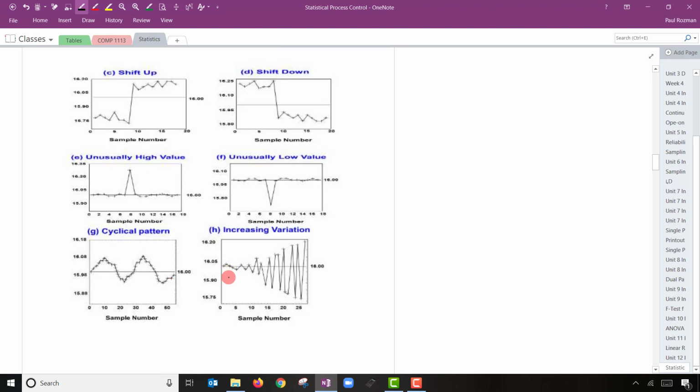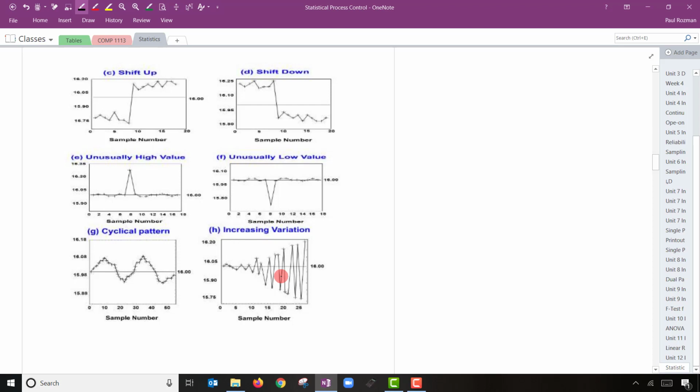And then there's the big one. You see this a lot of times. You start out doing great, and then over time things just get worse and worse. You get more and more variation. That tends to happen because parts are wearing out, and you're not doing as consistent a job as things are wearing down.